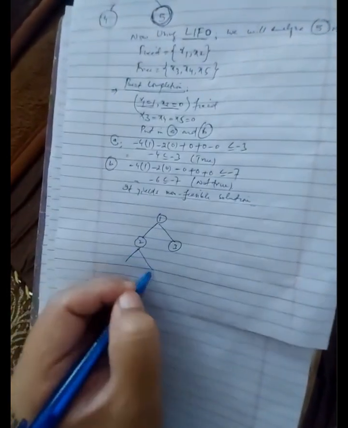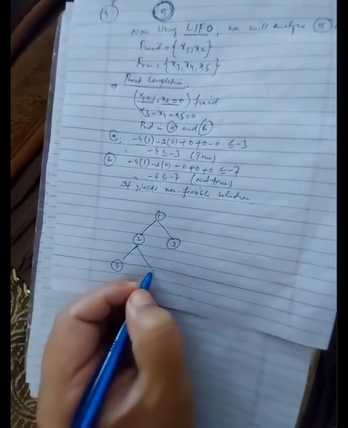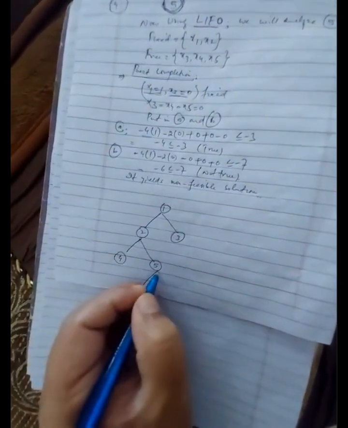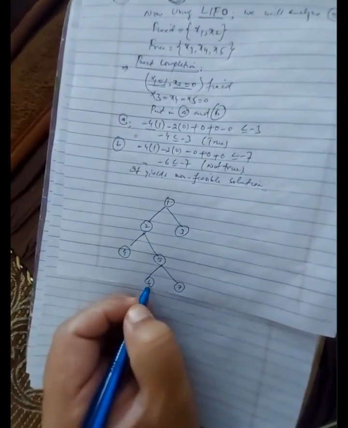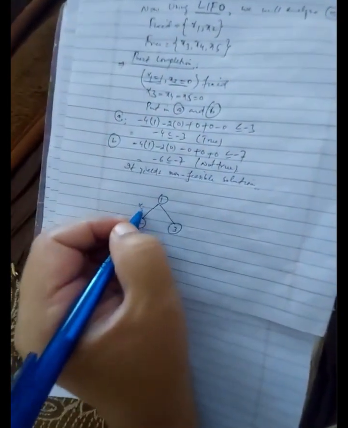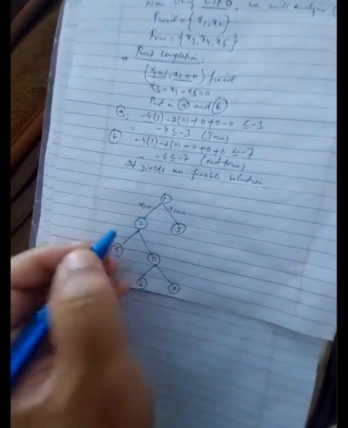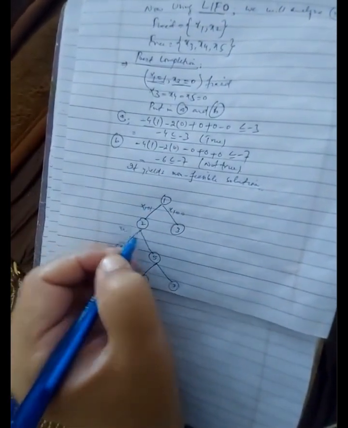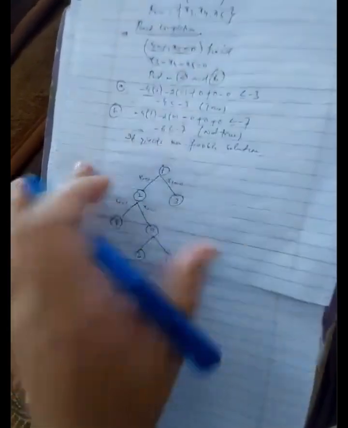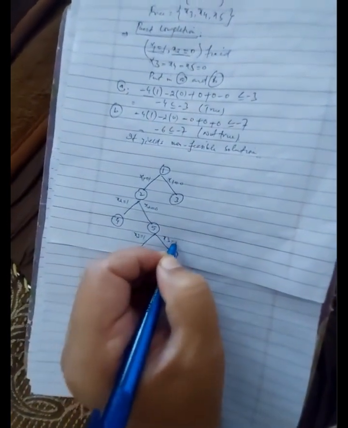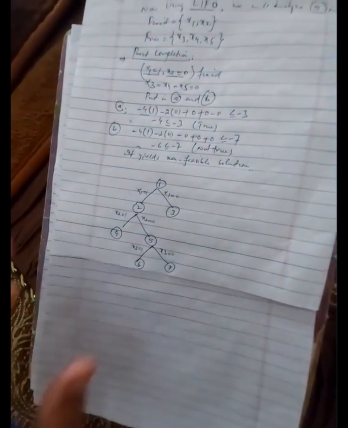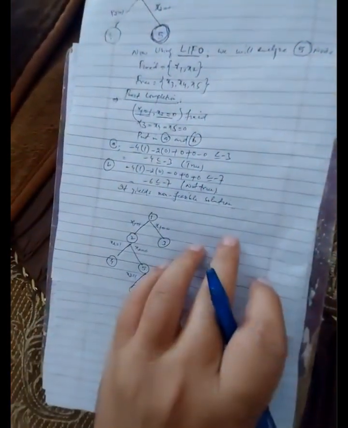Here we have node 4 and 5, and 5 will be branched to 6 and 7. So here we had x1 = 1, x1 = 0, x2 = 1, x2 = 0. And here we will have x3 = 1 and x3 = 0.